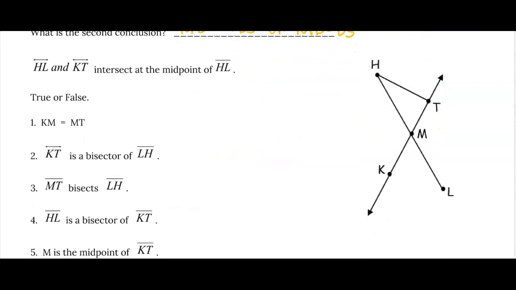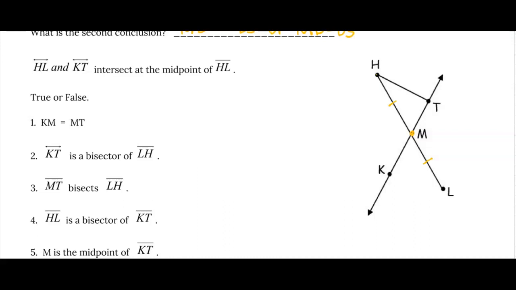So now let's look at this picture and this statement, and let's answer some questions about it. Line HL and line KT are intersecting at the midpoint of segment HL. So since we know that they're intersecting at the midpoint of HL, we know that M is the midpoint of HL, meaning HM is congruent to ML.